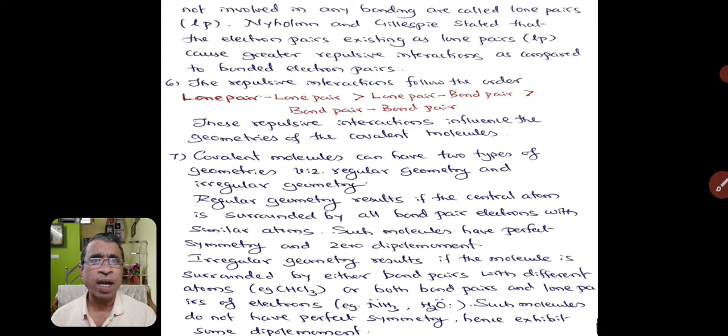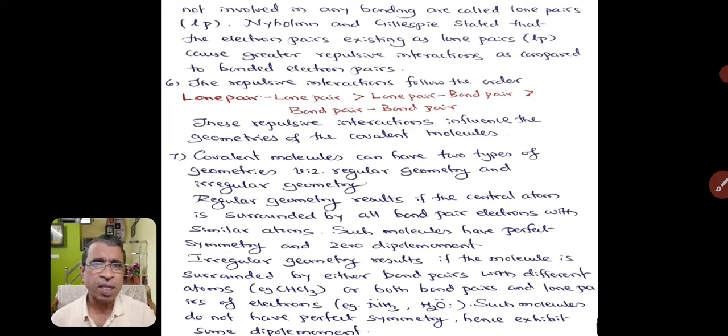Covalent molecules can have two types of geometries, namely regular geometry and irregular geometry. Regular geometry results if the central atom is surrounded by all bond pair electrons with similar atoms. Such molecules have perfect symmetry and zero dipole moment.